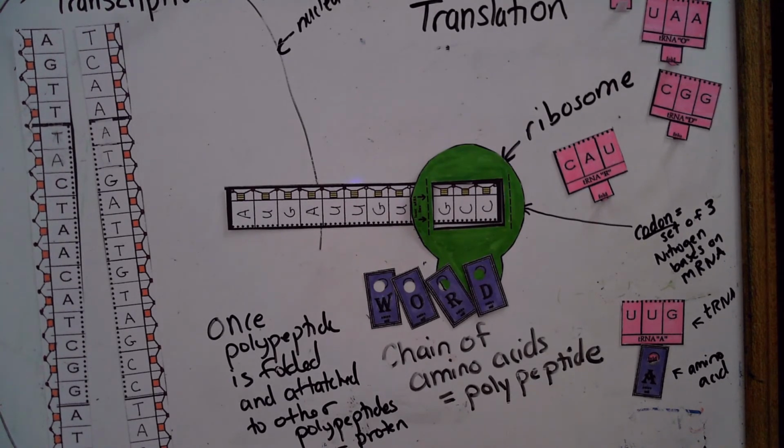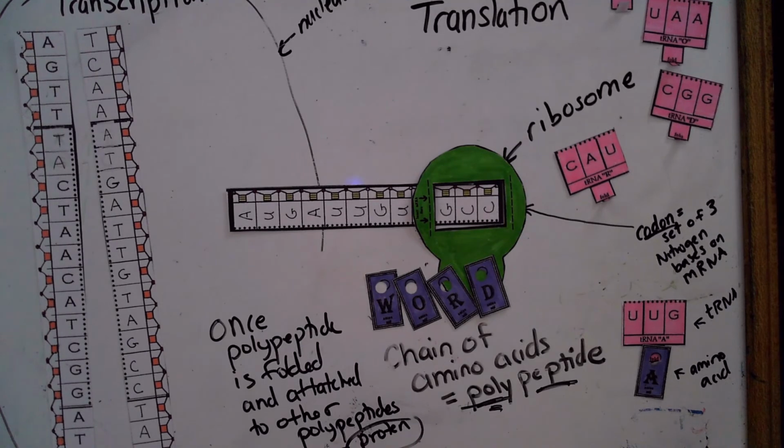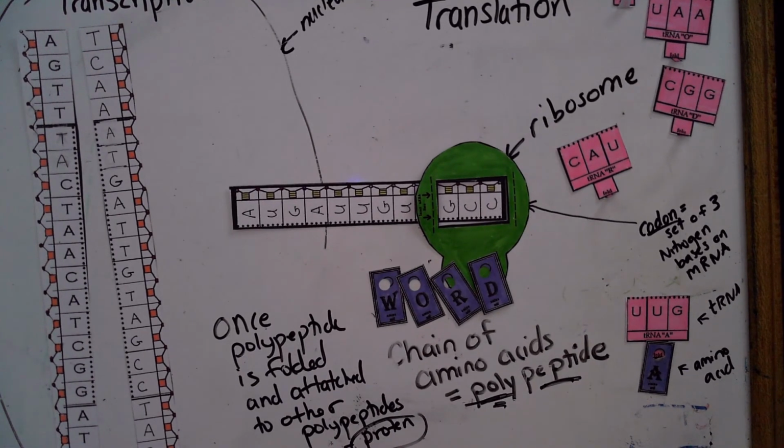You may ask yourself, why do we call it a polypeptide? Well, because the name of the bond between these amino acids is called the peptide bond. There's many peptide bonds when we attach amino acids together. And once it's folded and twisted and attached to other things, we call it a protein. So this whole process is about making proteins.